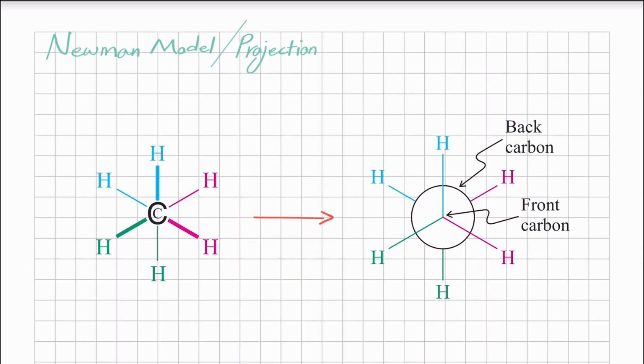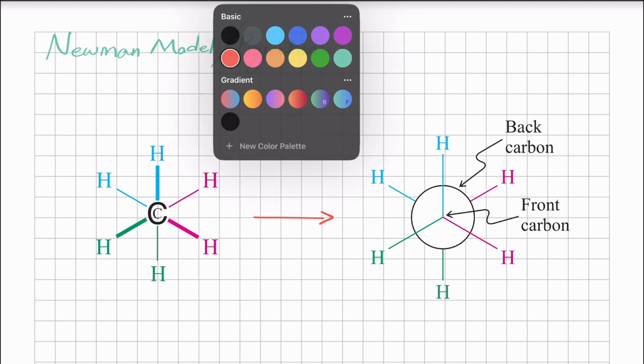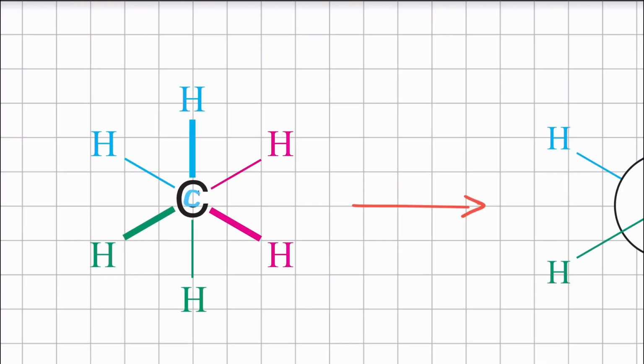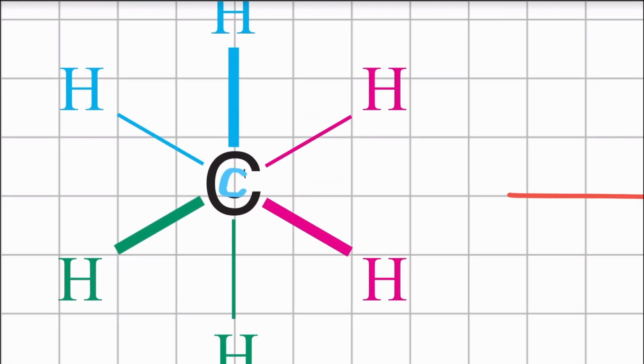Okay, as you can remember the direction that we used to look from, we can see that here we are looking at the molecule from that direction. This one shows the carbon, which is in front, and this one shows the carbon, which is in back.